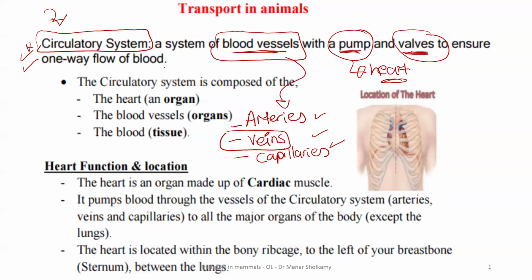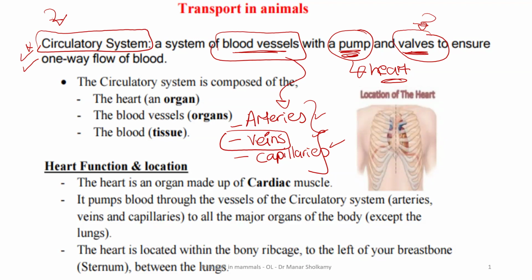So this is the definition in your syllabus that we will not improvise. We will just have to adopt it as it is. The circulatory system or the cardiovascular system is a system of blood vessels, those 3 blood vessels that we will study, with a pump. The pump here is the heart. And valves, we will study what the valves are in detail in case you still don't know what valves are, to ensure one-way flow of blood.